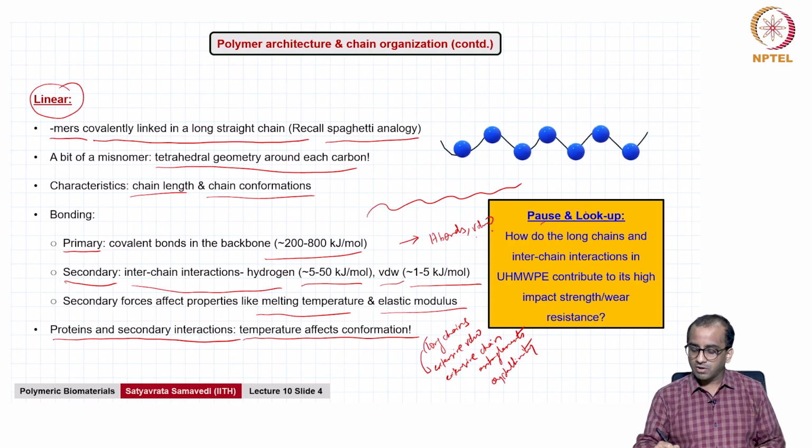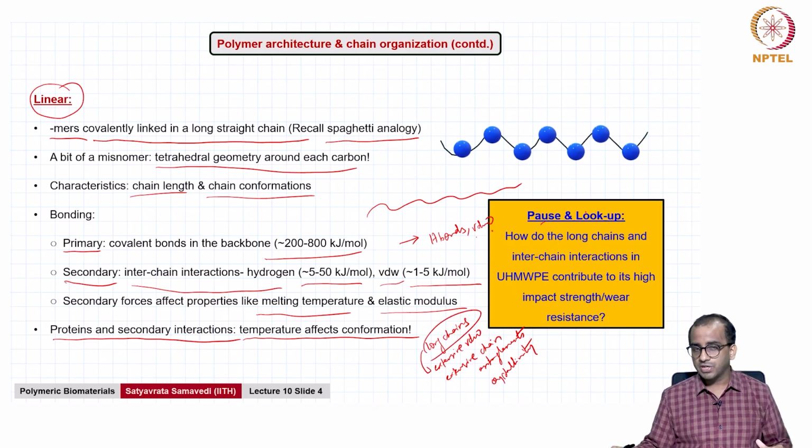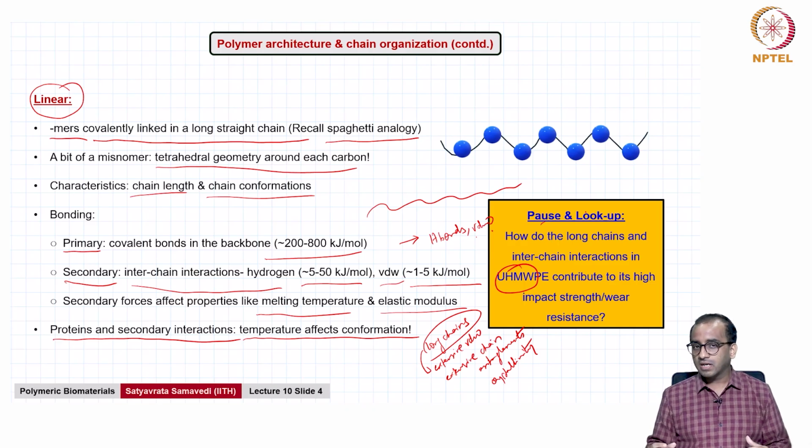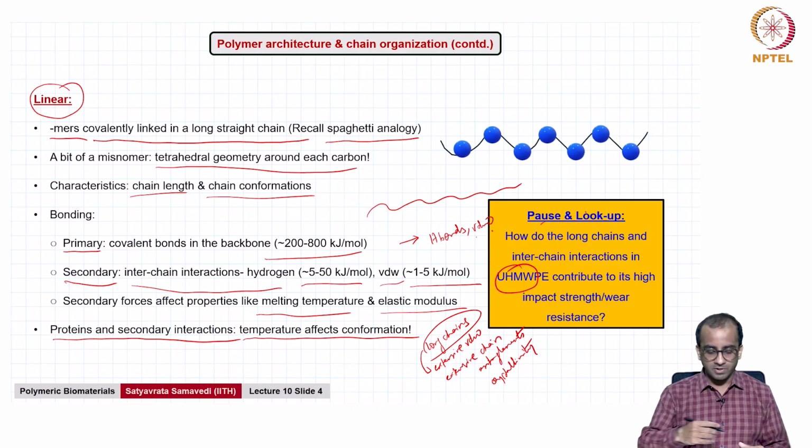All of these are a consequence of having these very large chains, which justifies the epithet ultra high molecular weight. So, you see how interchain interactions, things like entanglements, how chains can pack together, etc., can lead to very, very good or exceptionally good mechanical properties for this polymer.